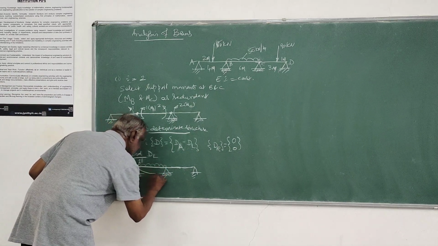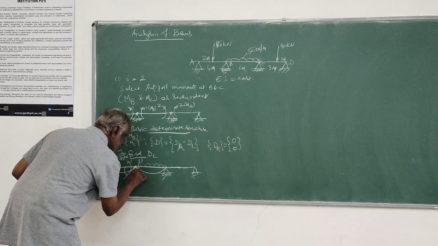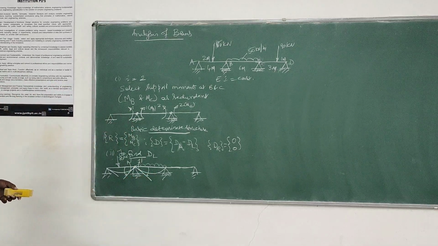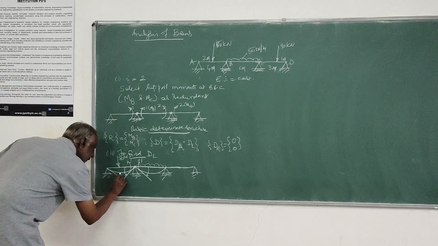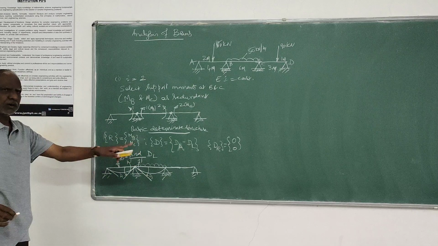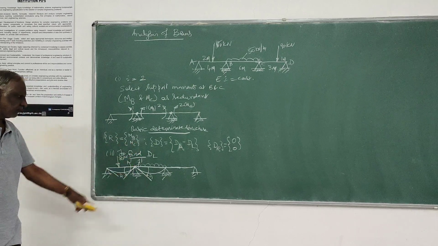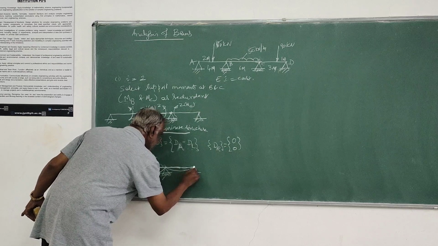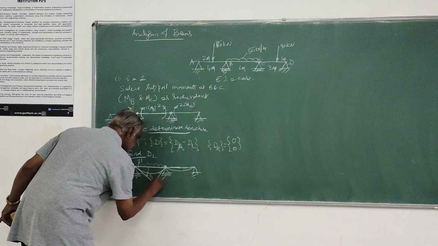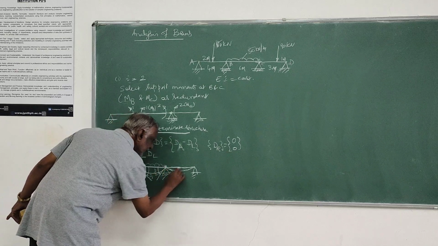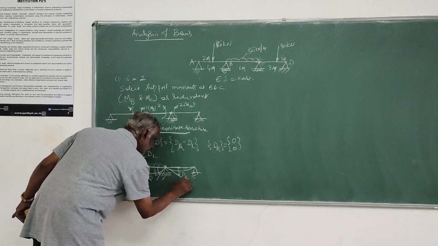Because of this, it will deflect like this, and this displacement also we find. This is D1, this is also D1 corresponding to coordinate 1, and corresponding to coordinate 2, this is D2 and this is also D2.